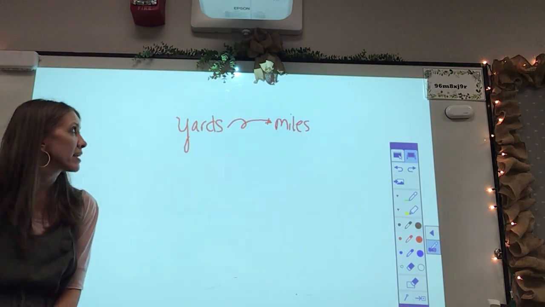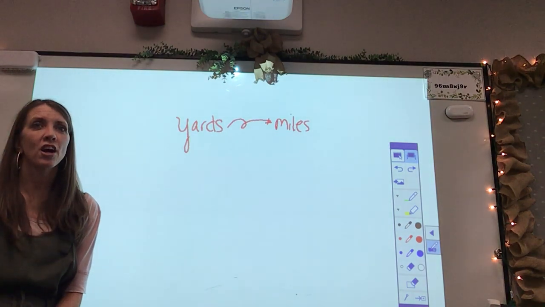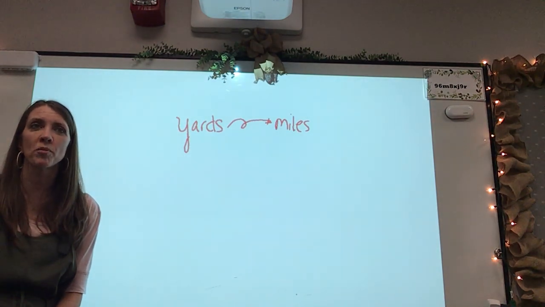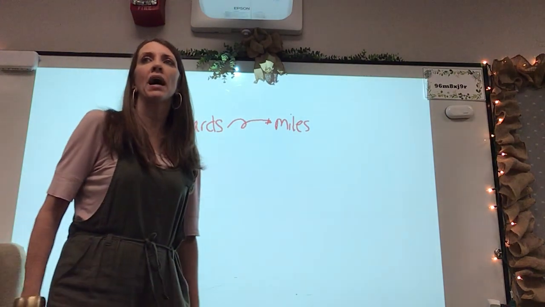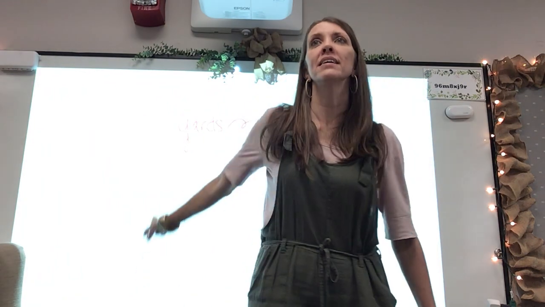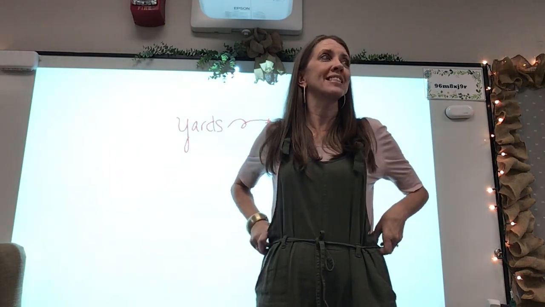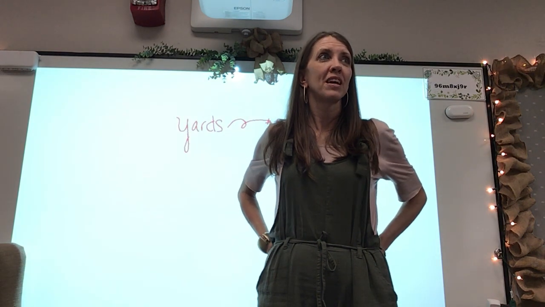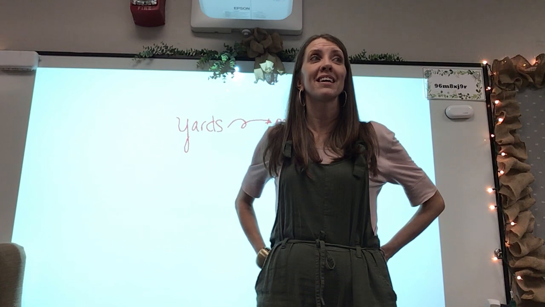Do it with your hands and show me where you're going to land. Michaela, I'm waiting for you to do the problem. If you're talking, you have to sit down.